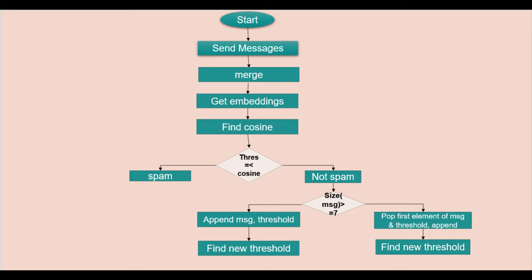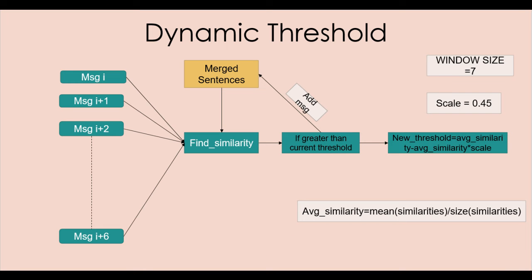Else, we consider it as spam and mark it as red. If the message is relevant and the value of i is less than k, that is 7, we directly push the message and its cosine value into the queue. If i is greater than 7, we pop the i minus 7 message and push the new message in the queue.